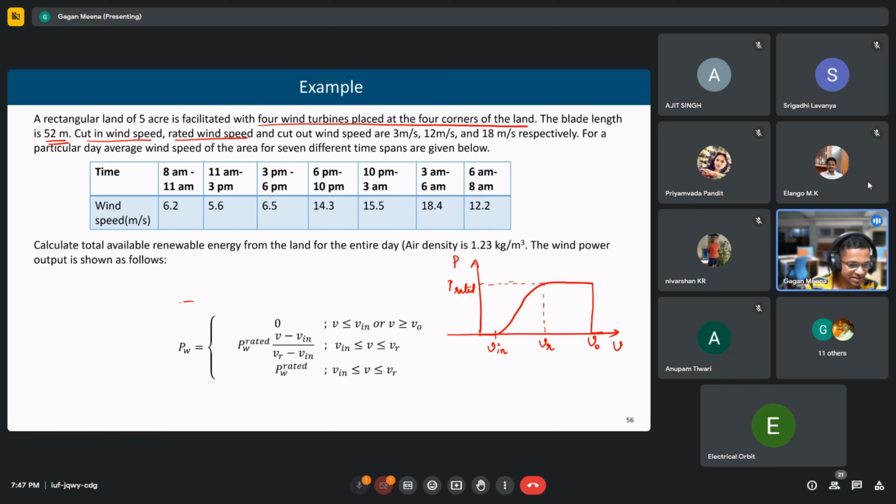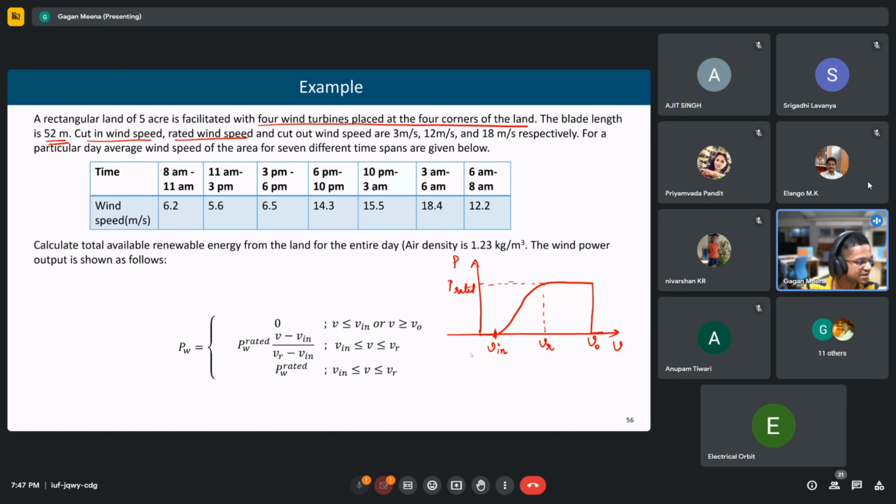So same thing is written here also. When the wind speed is below V in, cut-in speed, the turbine cannot generate. That wind speed is not sufficient to generate any electricity. And similarly, when the speed is too high, more than the cut-out speed, then it's not favorable for the wind turbine to keep generating.